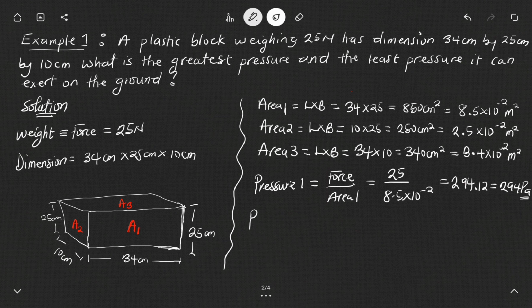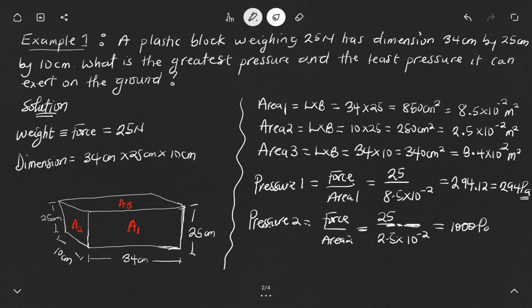Let's look at pressure 2. For pressure 2, we have the force on area 2, that will be equal to 25 on the area 2. The value we have is 2.5 times 10 raised to the power minus 2. Then if we compute this on our calculator, we are going to get 1,000 Pascal.